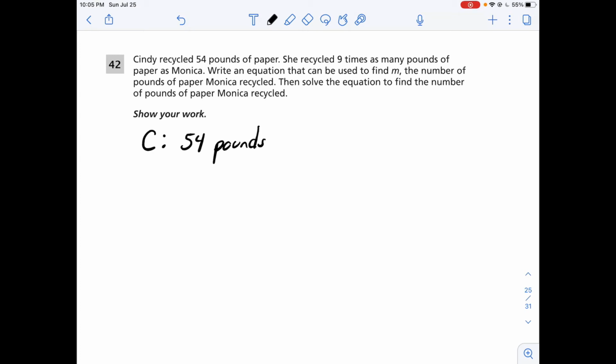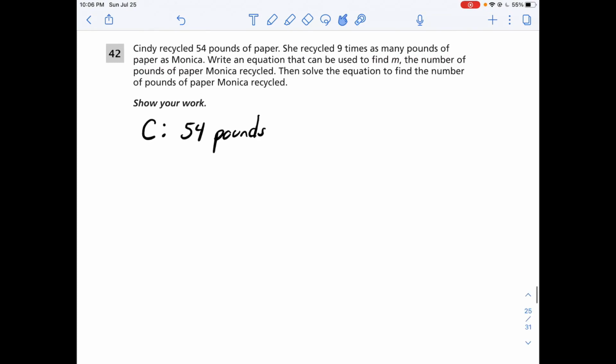Okay, so we have to think to ourselves, who recycled more paper? Did Cindy recycle more paper, or did Monica recycle more paper? Cindy recycled more paper. It says she recycled 9 times as many pounds of paper as Monica.